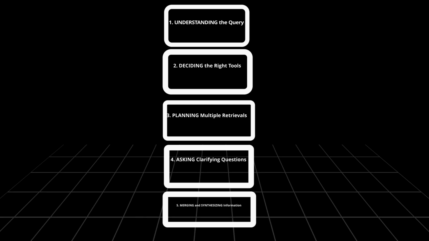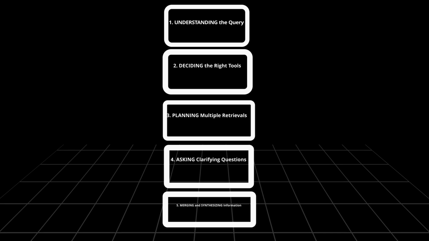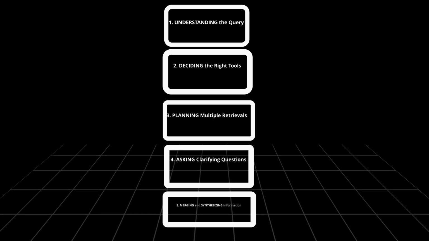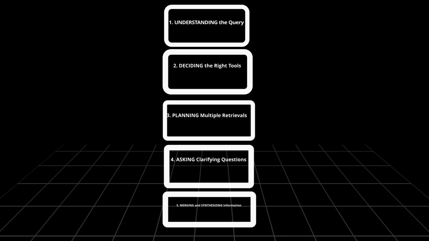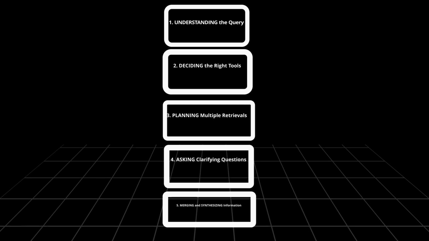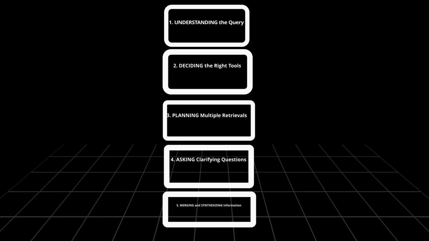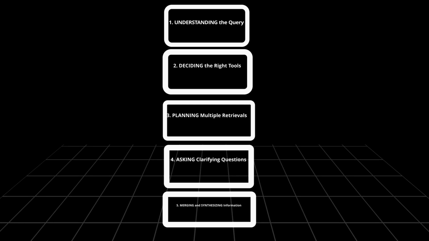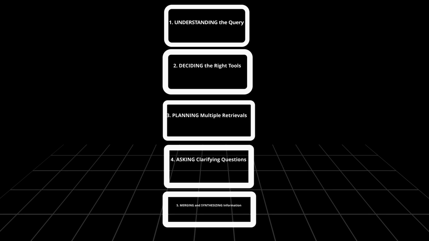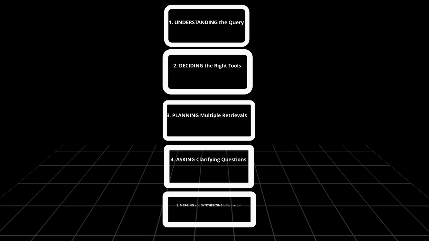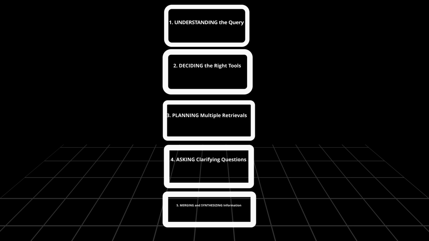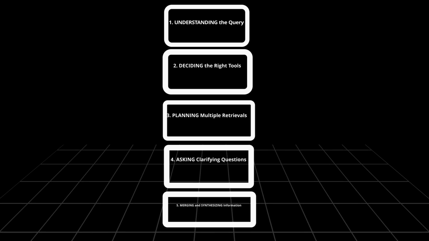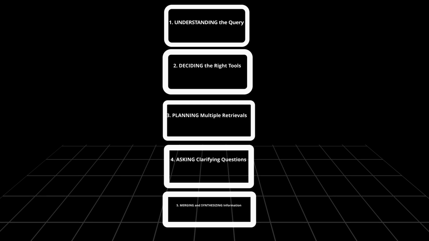How does agentic RAG work? The agent doesn't just follow a fixed script, it thinks, plans, and acts. First, understanding the query: the agent recognizes this is not a generic return policy, it's about a specific holiday sale, and decides the right tools. The agent might realize the holiday sale policy is in a seasonal policy document, and the shoe return condition might be in a product category FAQ.